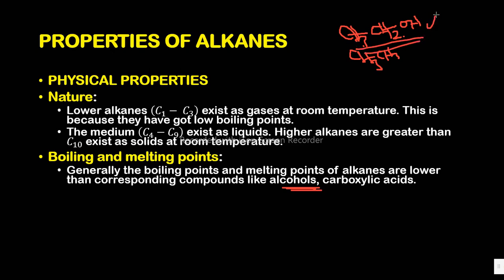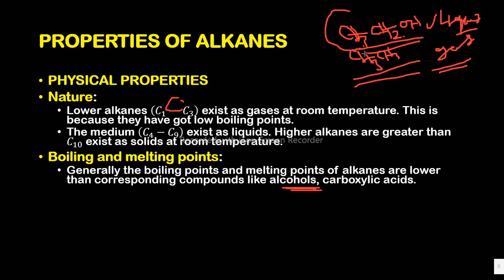And this sanitizer exists as a liquid. But for ethane, we have seen it exists as a gas. So what does that imply? These alcohols have high melting and boiling points compared to alkanes of the same carbon chain.